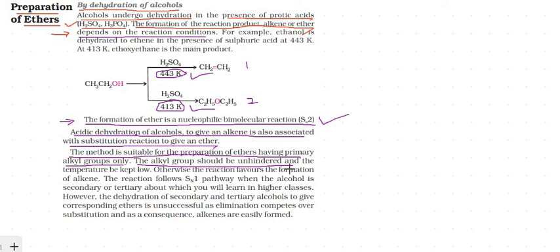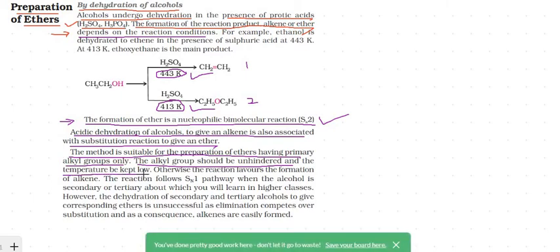If the alkyl group is bulkier, then there will be steric hindrance, and the temperature required would be high. So the alkyl group should be unhindered and the temperature should be kept low. Otherwise the reaction favors the formation of alkene and your ether will not form.